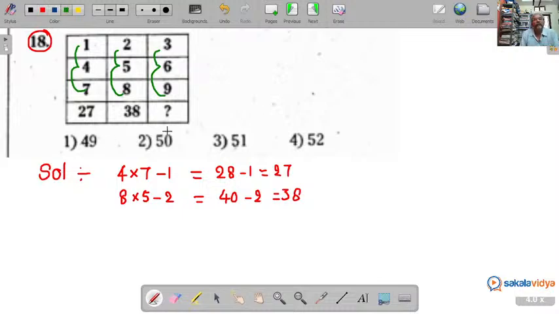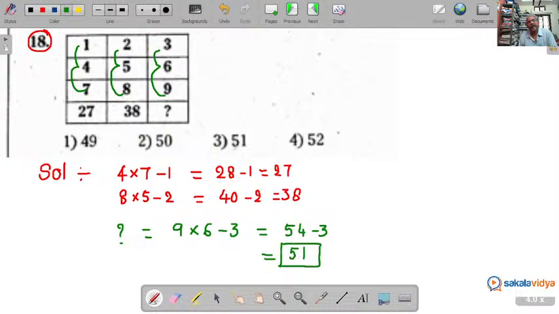We need the question mark, the unknown value, that is 9 sixes. 9 into 6 minus 3, 54 minus 3 is 51. So the third option is the right option.